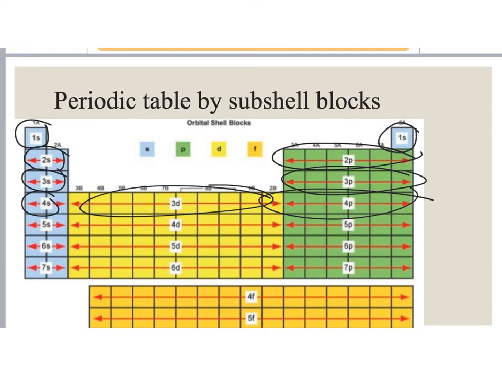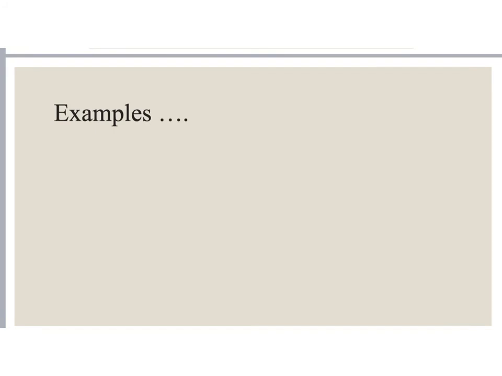Okay, so this is another way of looking at it. We start with 1s, then we fill 2s, then 2p, then 3s, then 3p, then 4s, 3d, 4p. It's another way of looking at that diagonal shape that we talked about before. So let's do some examples.